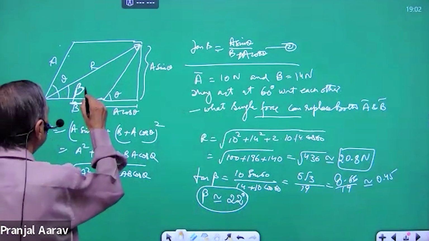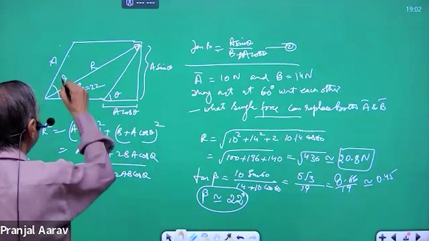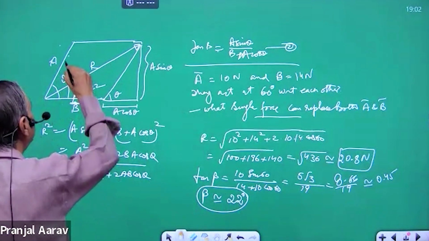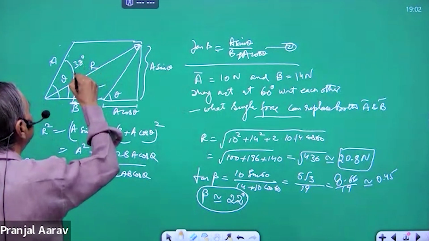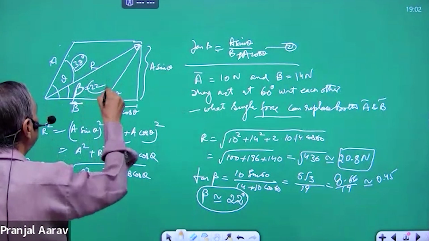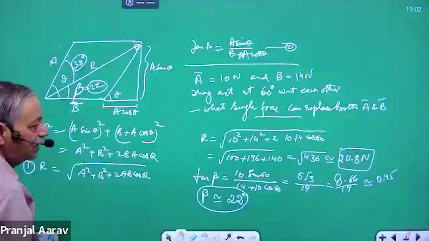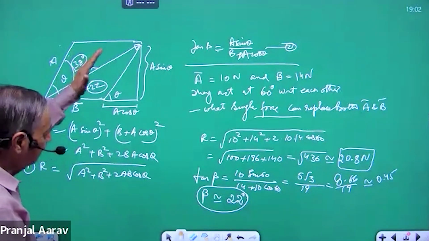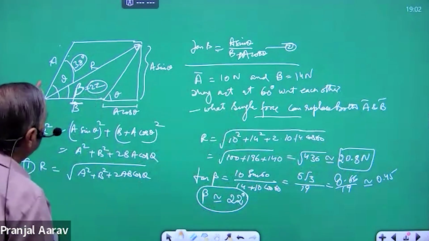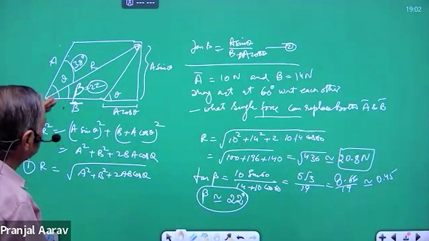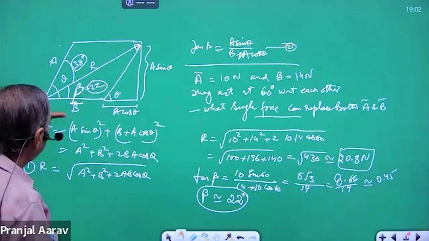You see, beta is 22, theta is 60. Then what is this angle? 38 degree and 22 degree. So R is a resultant. R magnitude is 20.8 Newton and the direction of R is at 22 degree with respect to B.